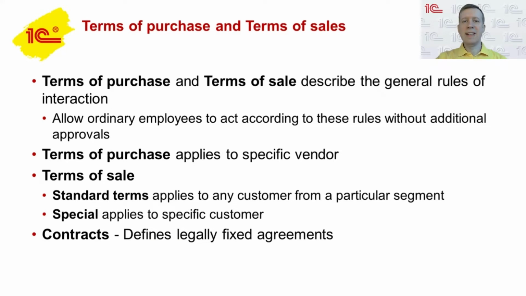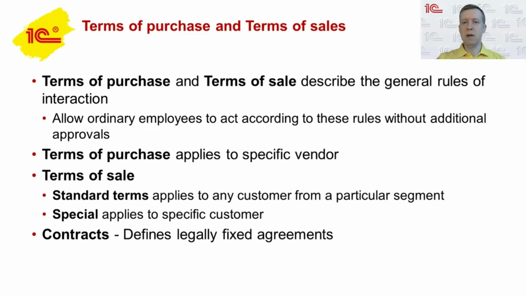We also can describe the terms of purchases and sales. These are the general rules that help ordinary employees to interact with a business partner without additional approvals. The terms describe prices, discounts, payment schedule, taxation, delivery, etc. Contracts define a legally fixed agreement.